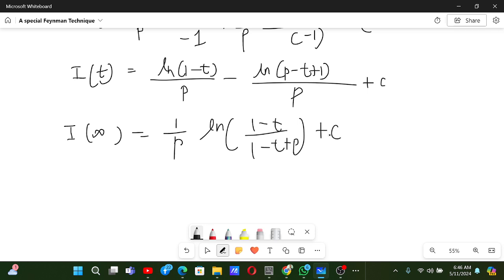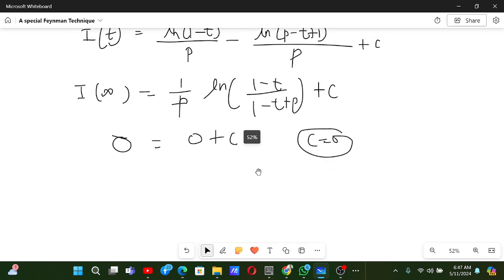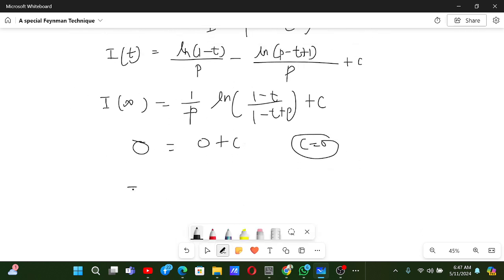Now if t goes to infinity, we get ln of 1, and we know that ln of 1 is 0. 0 times 1 by p is 0, plus c, so c is actually 0. Therefore I of t is 1 by p ln of 1 minus t by 1 minus t plus p.